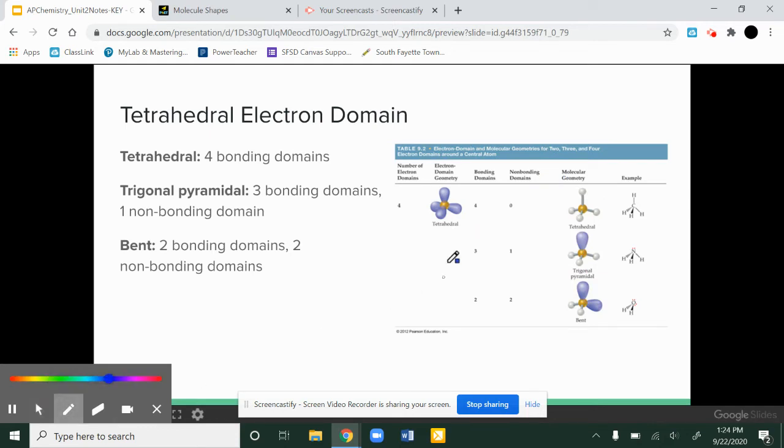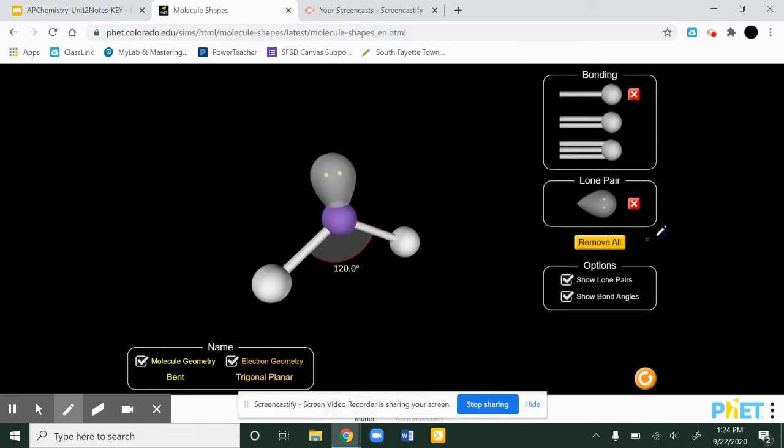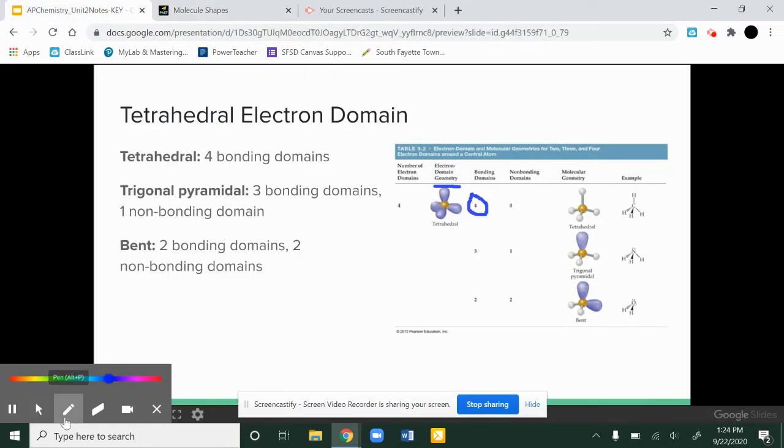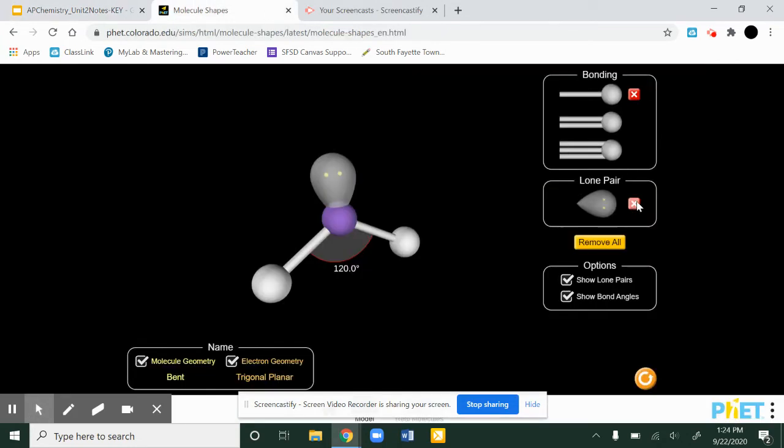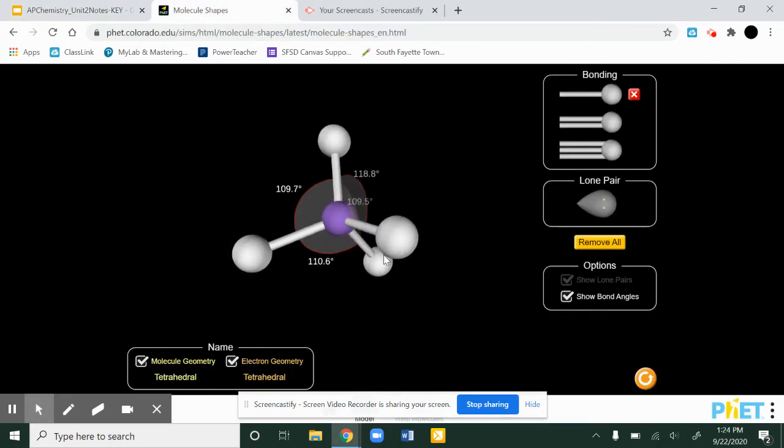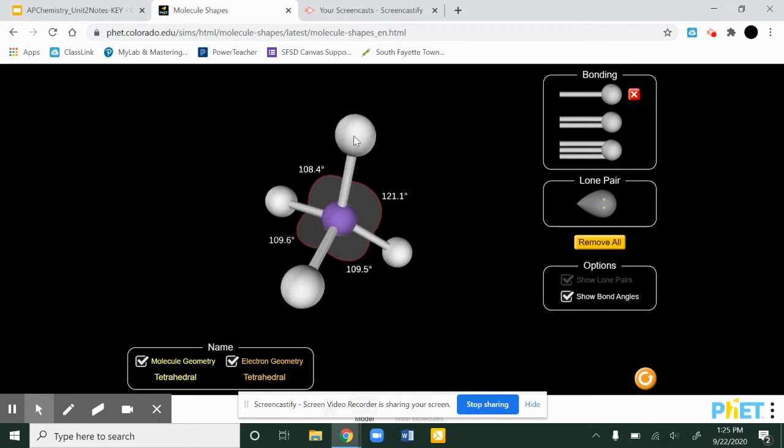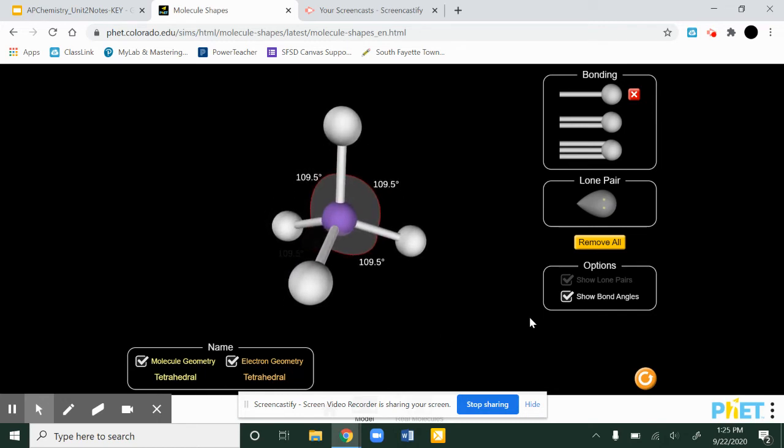If we have 4 total domains in our electron domain geometry, there are 3 sub-molecular geometries contained within that arrangement. If I have four total things attached, we end up with a tetrahedral arrangement with 109.5 degree bond angles.